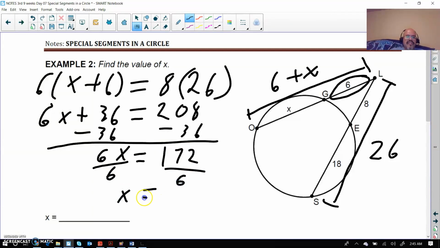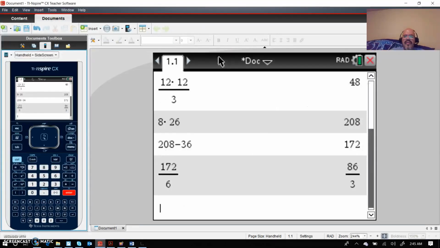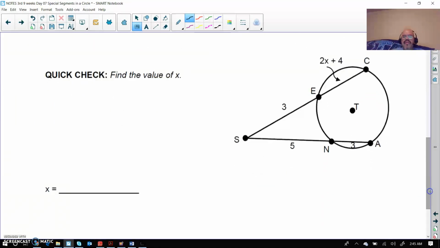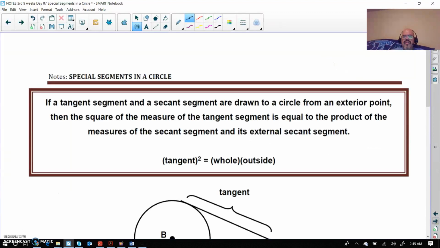So you end up with x is equal to 86 divided by 3, I do believe. So that's my x. Not going to do that one.